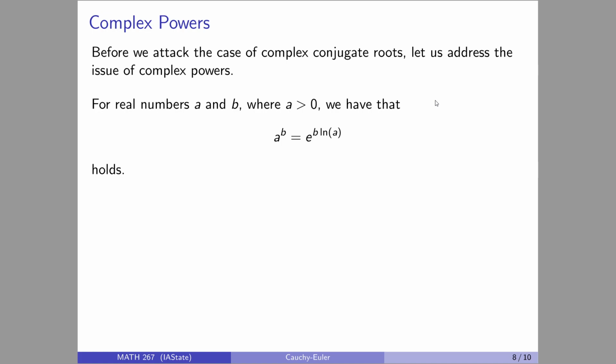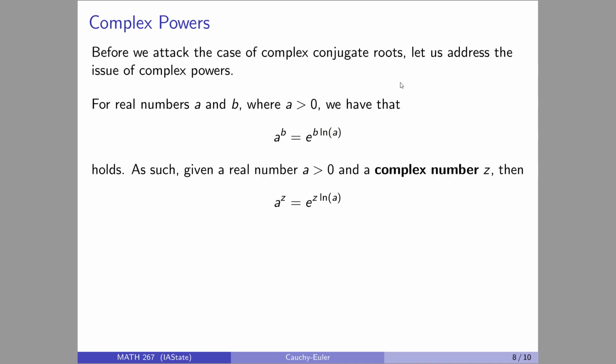So any exponent can be written in terms of e and logs. And hey, e raised to a complex number, well, I know what that's equal to. So for any strictly positive real number a and a complex number z, we can simply define a to the z as e to the z log a. And this is totally fine. e to a complex number is a known quantity. We have access to that. And there we go.